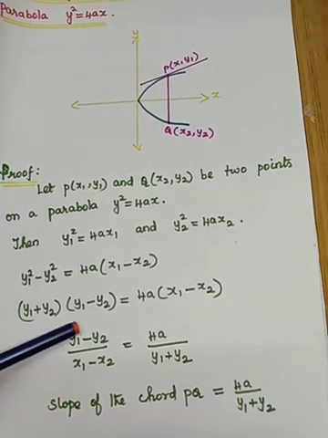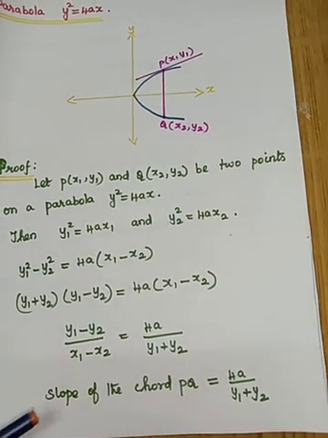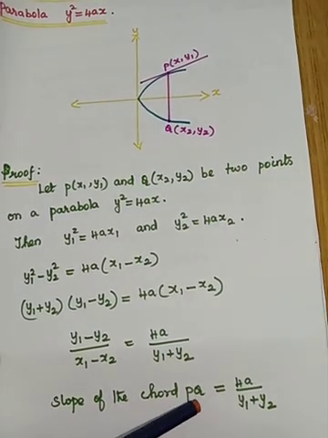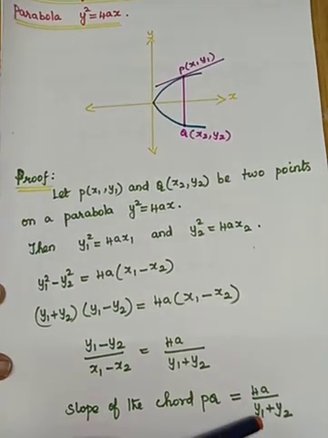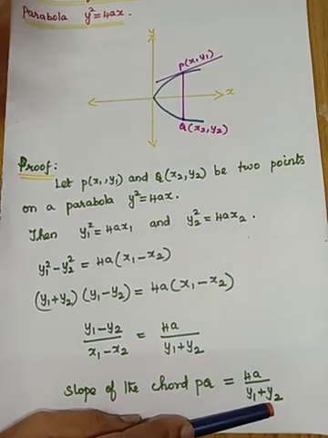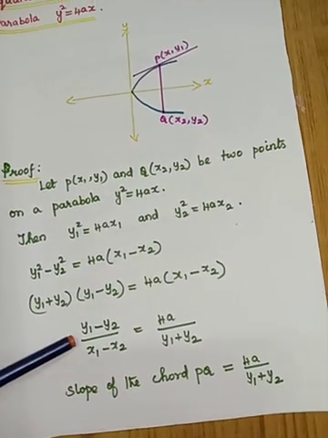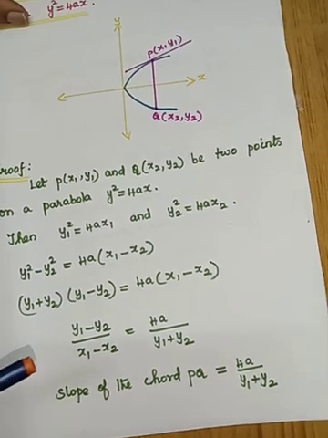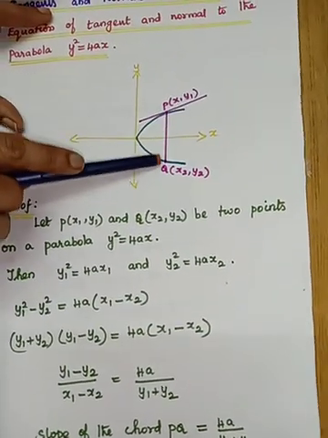So y1 minus y2 divided by x1 minus x2 is the slope of the chord PQ, and it is equal to 4a divided by y1 plus y2. This is the formula for finding the slope of the line joining two points. Here the two points are P and Q, so it is the chord.